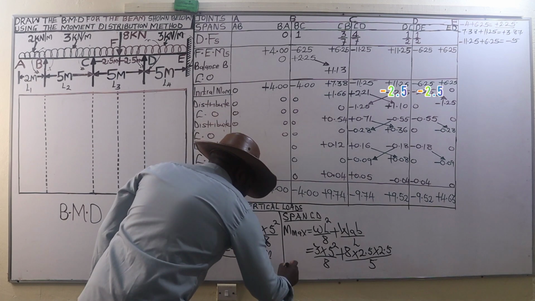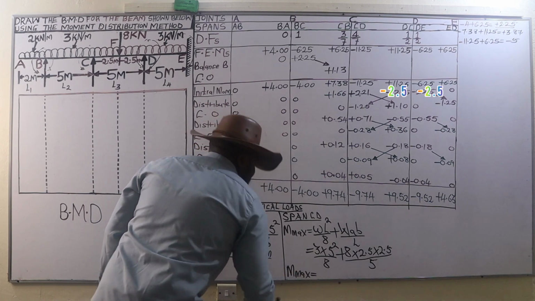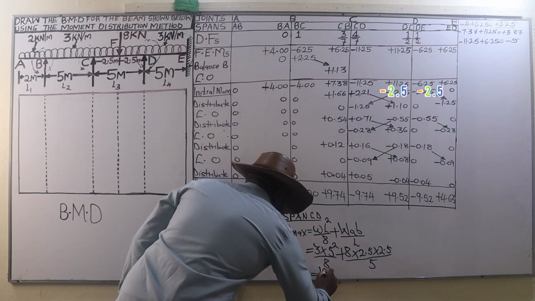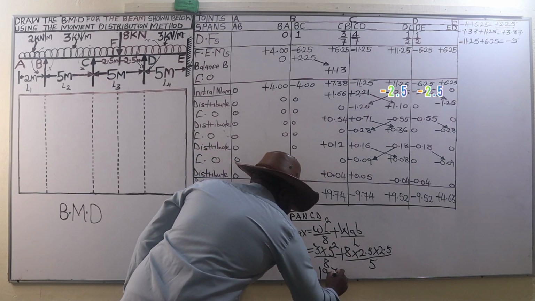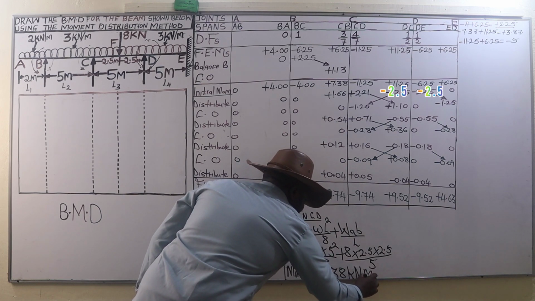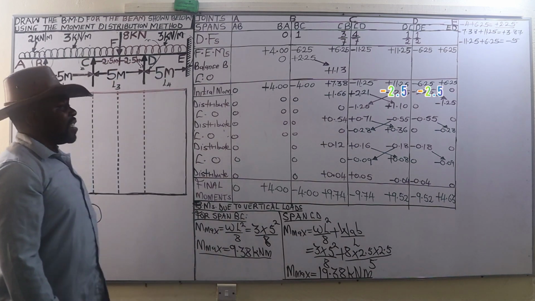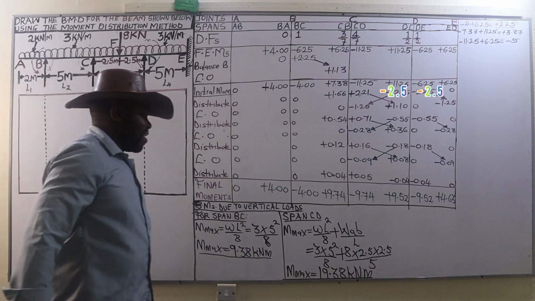And when we do that, we are going to get a maximum bending moment of 19.38 kilonewtons meter. So that is the maximum bending moment on the span C to D.